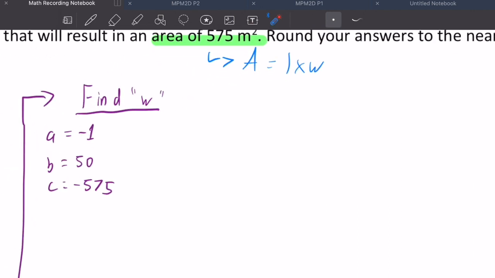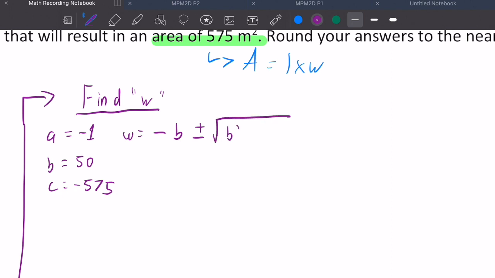Next thing we want to do is write out what the quadratic formula is. So it's negative b plus minus the square root of b squared minus 4ac all over 2a.